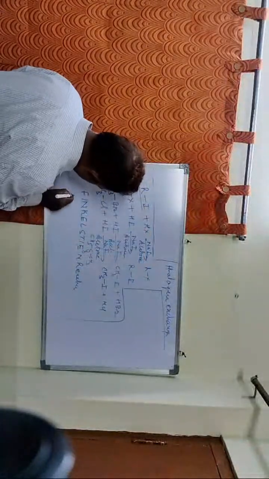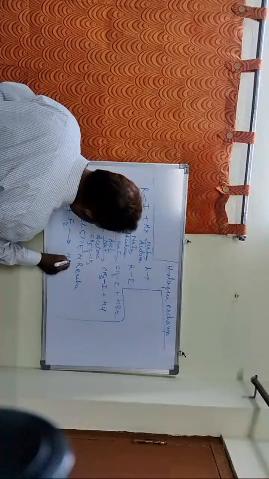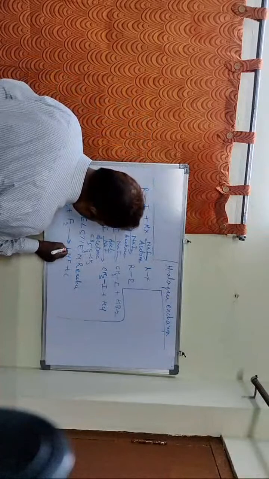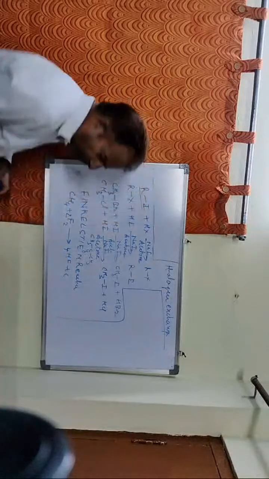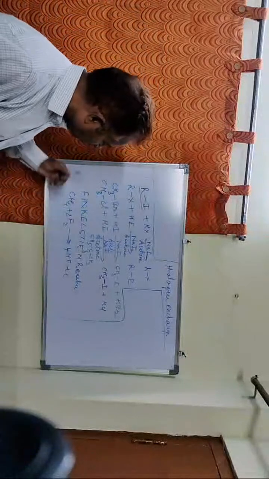Now the next reaction. In this, what happens? CH4, suppose we use fluorine. If we use fluorine, we get HF plus carbon. We do not get a fluoroalkane, because fluorine has high affinity towards hydrogen rather than carbon.